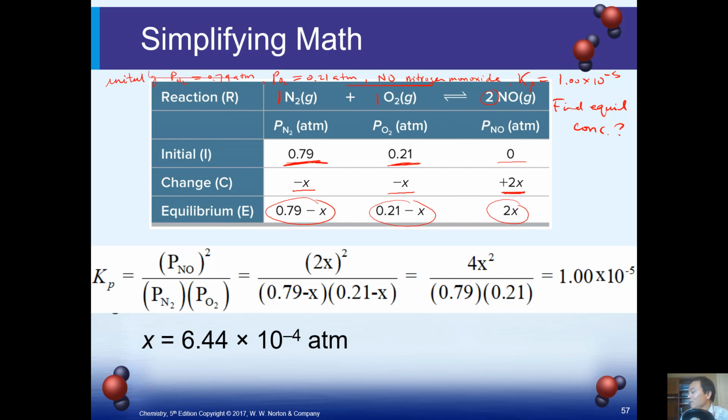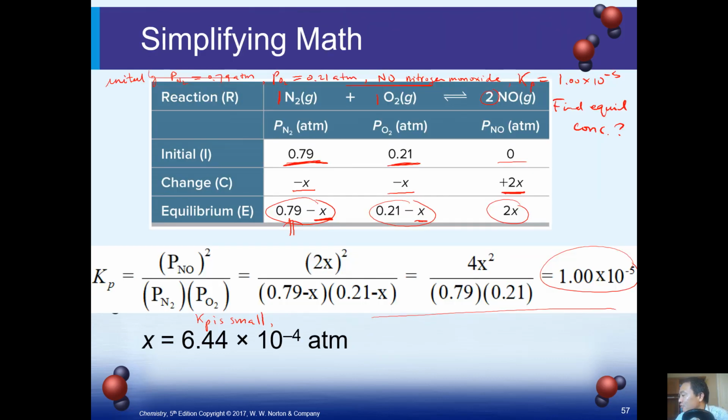You write this. Do remember, because Kp is small, I'm going to add this over here: Kp is small, which means the reaction barely moves at all, right? So x is very small compared to the initial concentration.